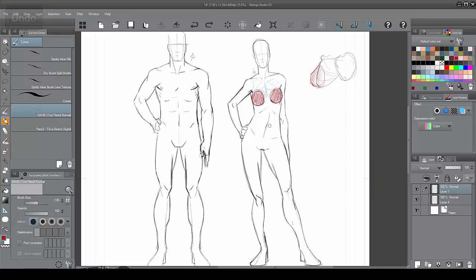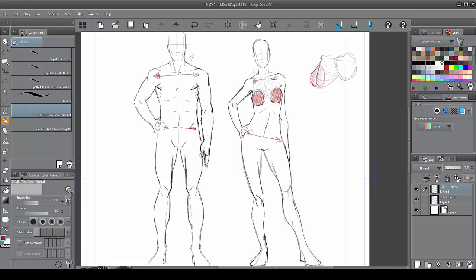Okay, so this has to be wider than this. Okay, and you'd have the opposite on the hips. So this would be wider than this. Okay, again, that's just generalizing.